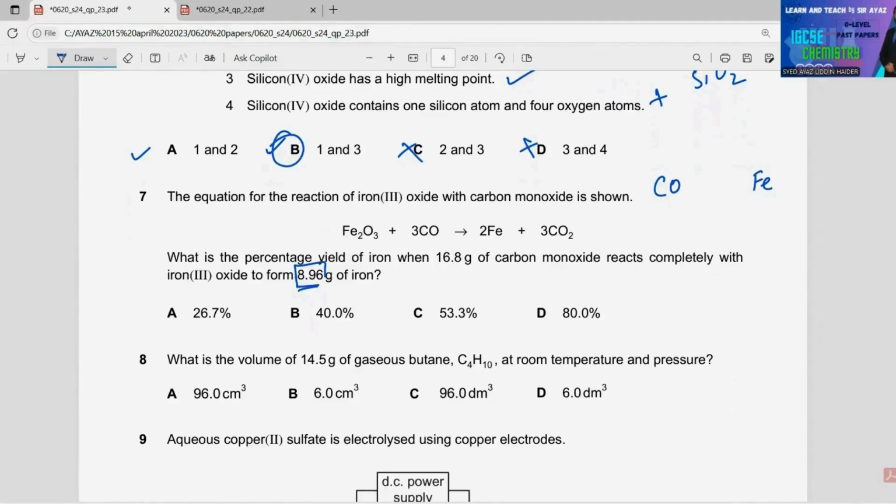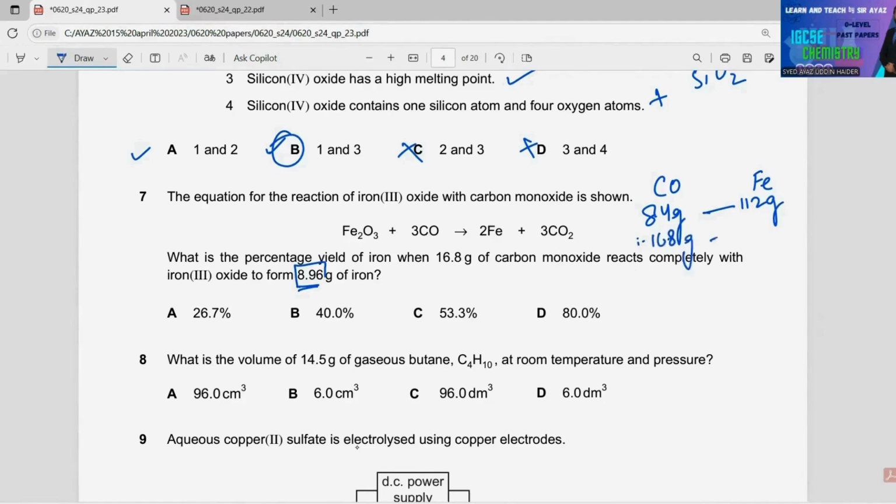So we have 12 plus 16, 28, 28 multiplied by 3, 84 grams gives 56 multiplied by 2, 112 gram of iron.